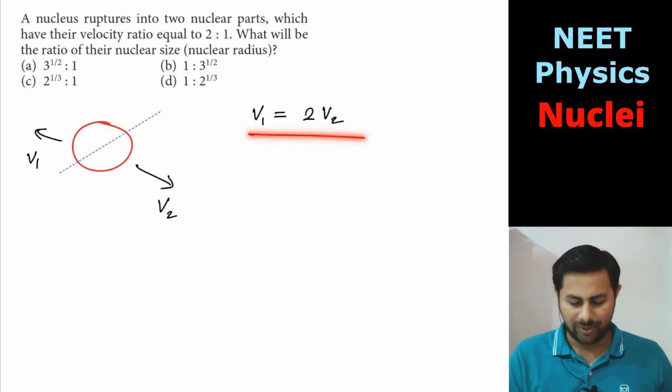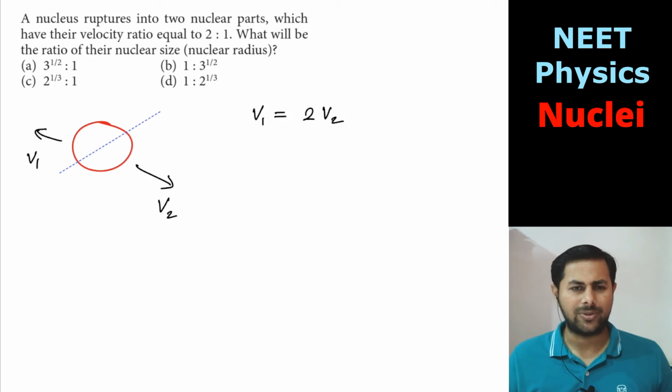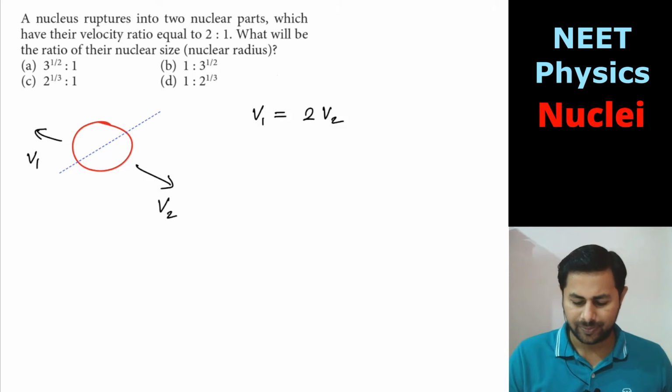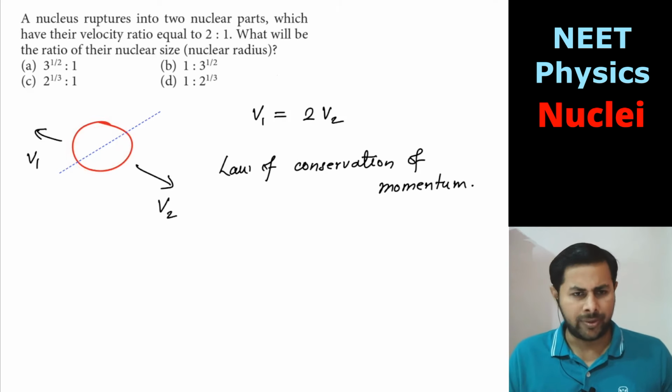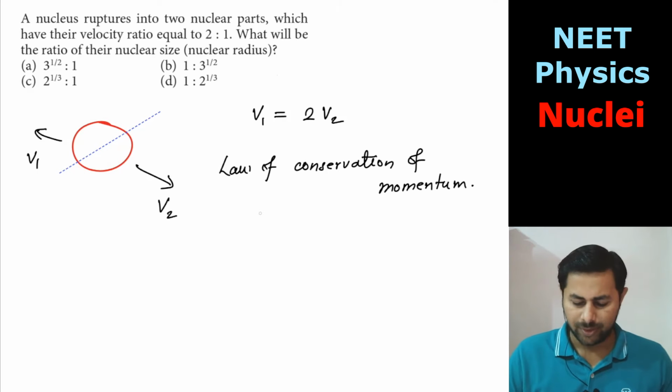So this is very simple. What we'll do is make use of the law of conservation of momentum. Momentum before it breaks was equal to 0. Momentum after breaking should also be equal to 0. So m1 v1 plus m2 v2 must be equal to 0.